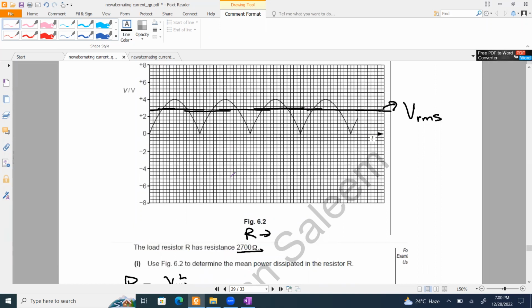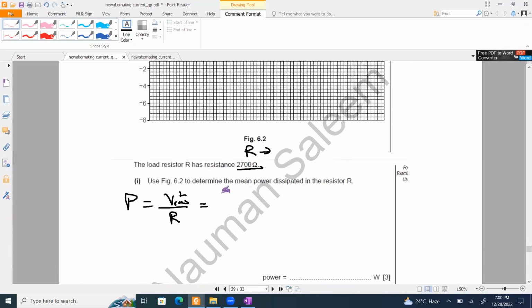So 4 is the maximum voltage in V, so 4 upon square root of 2 is the RMS value. I'm going to square it and divide it by the load resistor. So please calculate what answer comes.